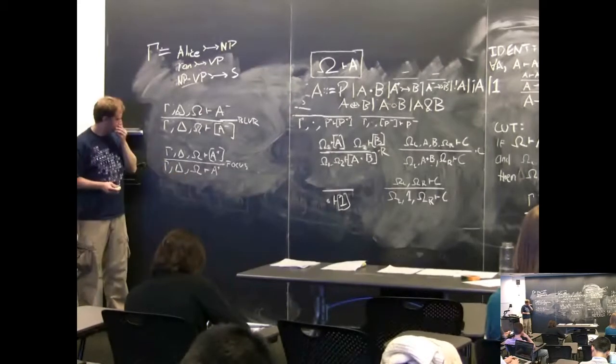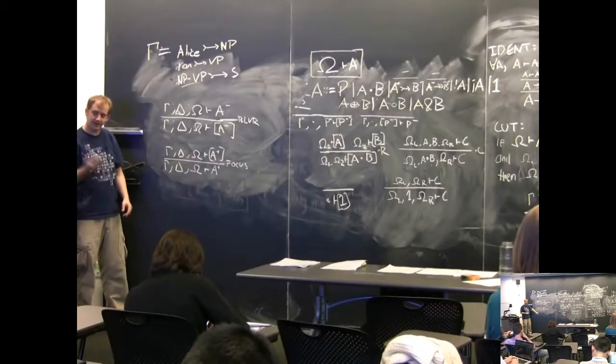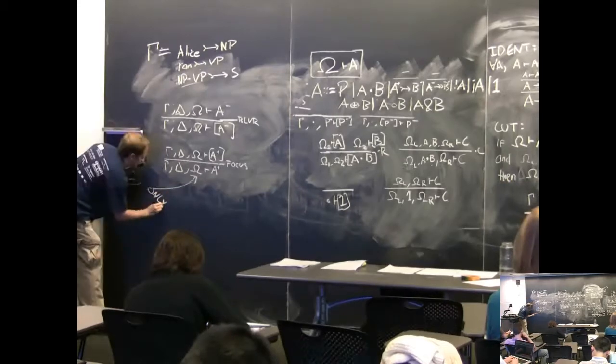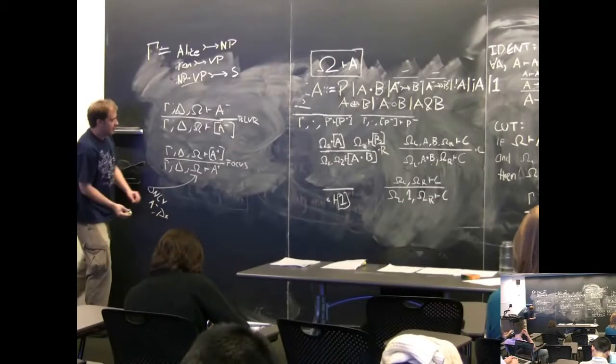You want delta and omega to only include negative propositions and positive atoms. It's actually just omega. So only A minus and P plus.